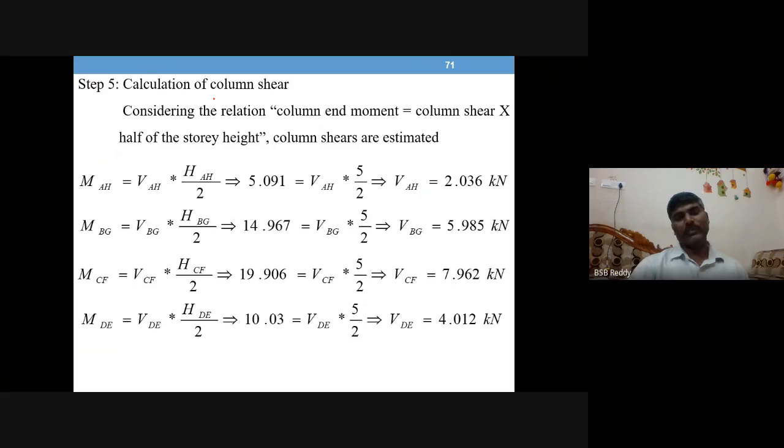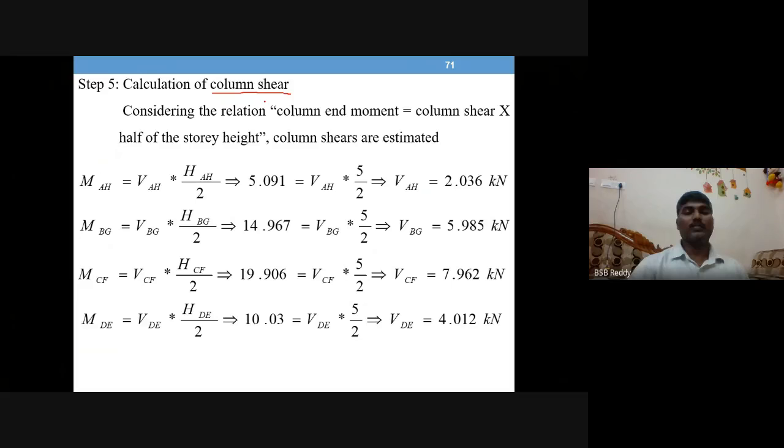Then step 3 is beam end moments, and step 4 is column end moments. Once you get column end moments in step 4, the last quantity will be column shear. Once you get column end moment, you are able to solve for column shear. That is this one.